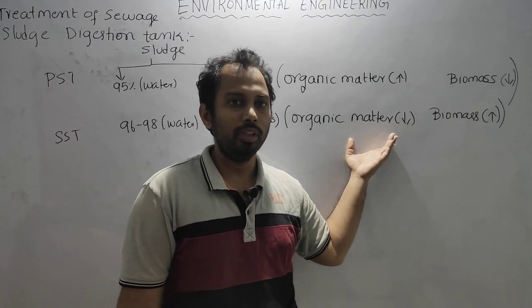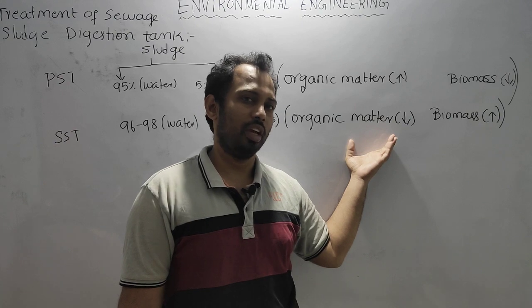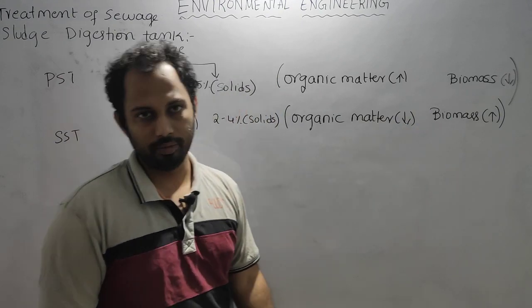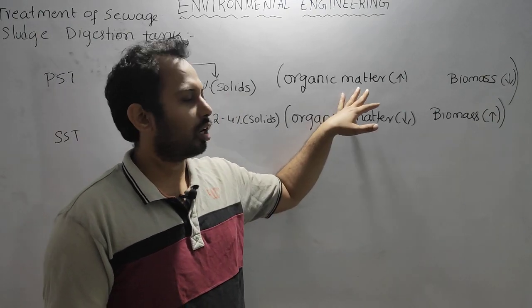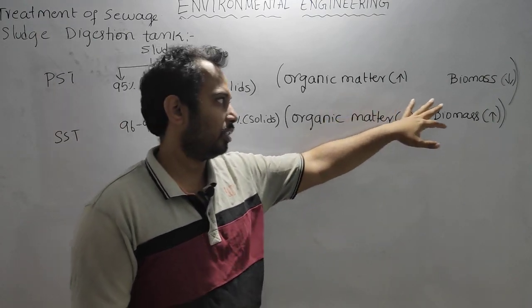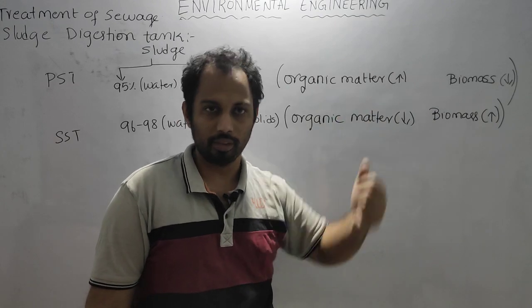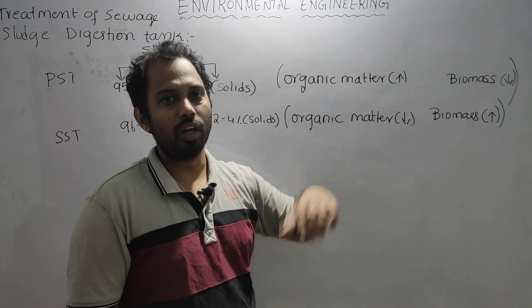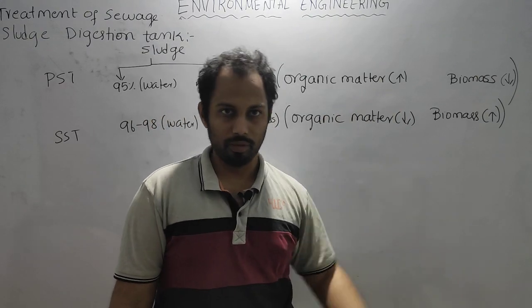It will not cause any trouble, it will end up in the endogenous phase. But here the organic matter is very high and biomass is very less, so the biomass growth will increase. So if you do this aerobically, then what happens? We cannot control the biomass growth.